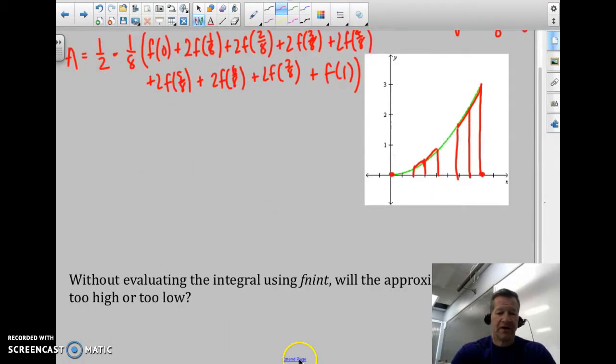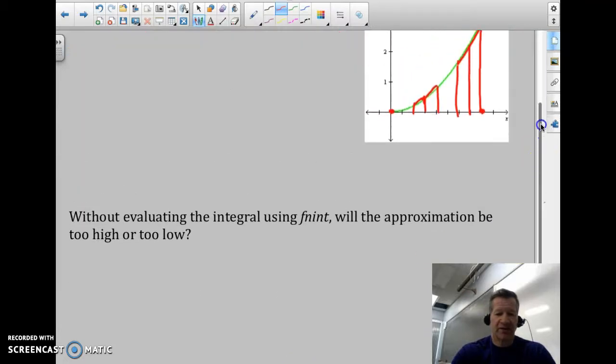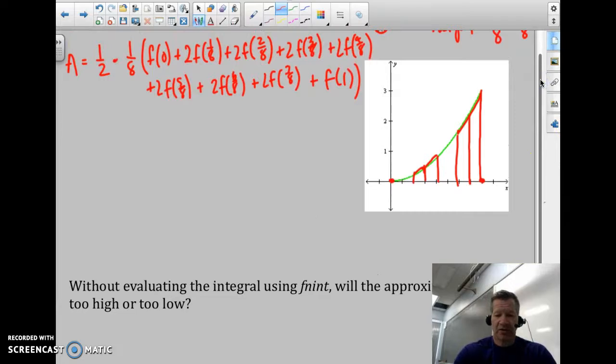Now, without evaluating the integral, using FNint, can you tell if the approximation will be too high or too low? Well, this time the graph, you'll notice, is concave up. And because it's concave up, when I connect any two successive points, that top of that trapezoid, it'll be hard to see, but because it's curved upward, any 2 points, when I connect them with a straight line, will be above the curve, and so will be too high.